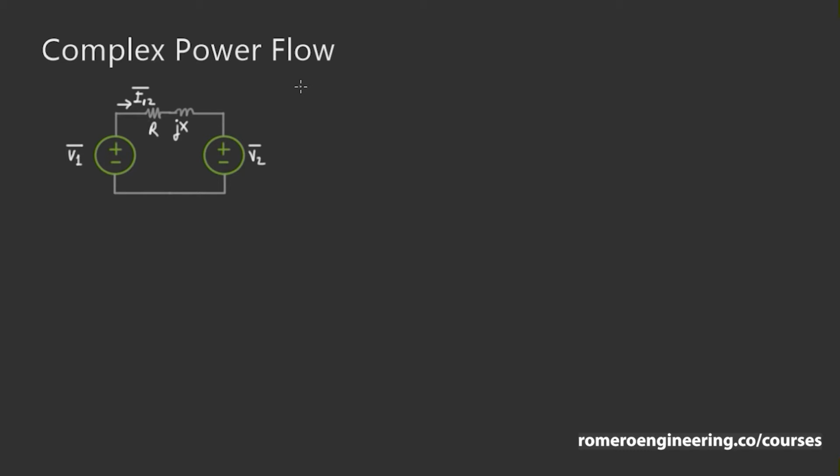We're going to say that the impedance Z is going to be equal to these two terms over here, R and jX, so that's going to be R plus jX. And then we're going to write that in polar form, so that's going to be equal to the magnitude of Z at an angle gamma.